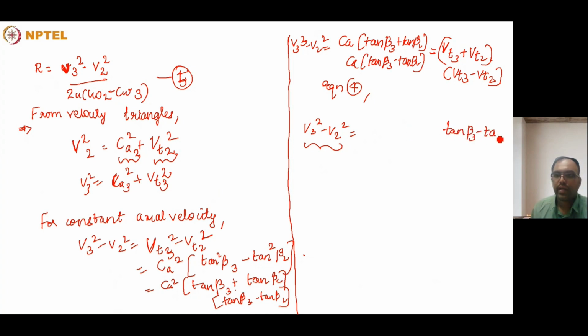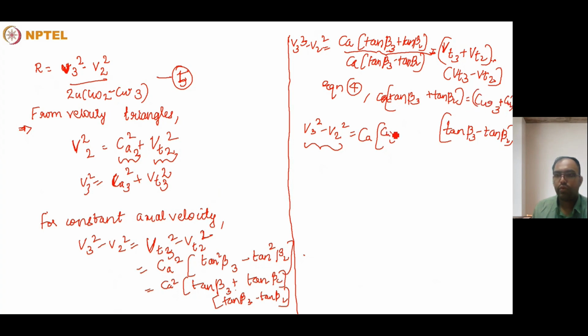Tan beta 3 minus tan beta 2 into CA into tan beta 3 plus tan beta 2 can be written as CA into tan beta 3 plus tan beta 2 equal to the tangential component of the axial velocity.